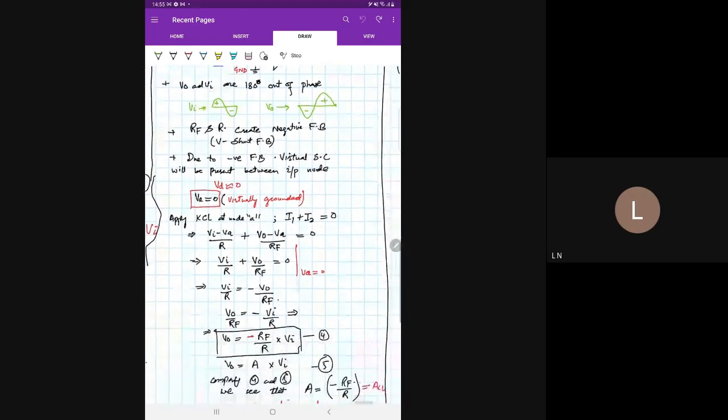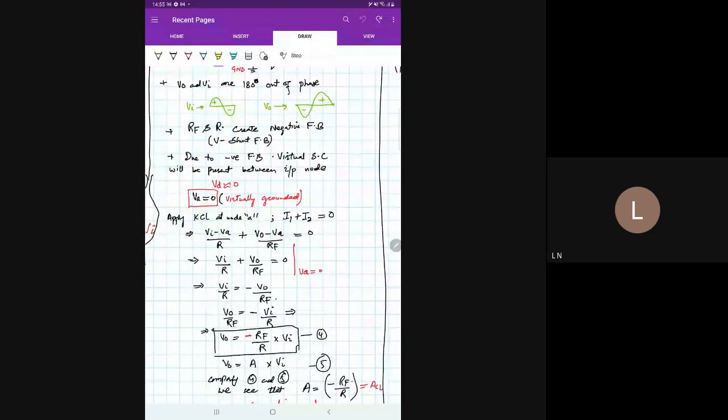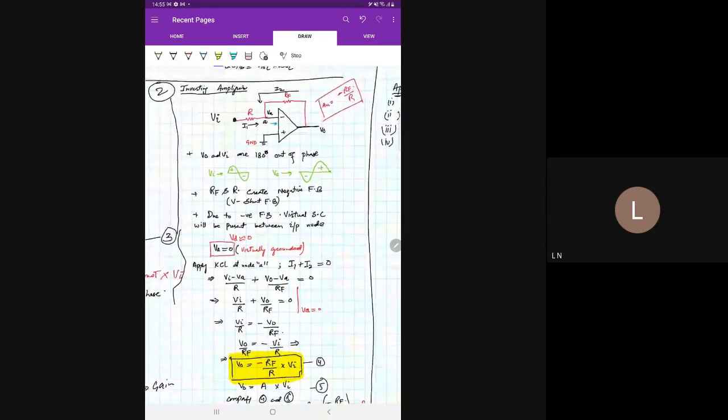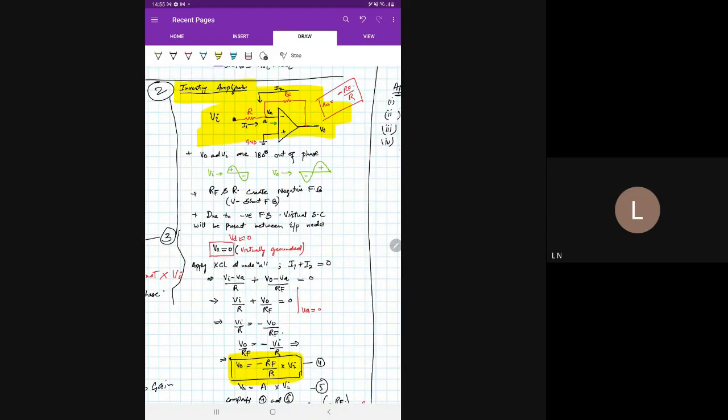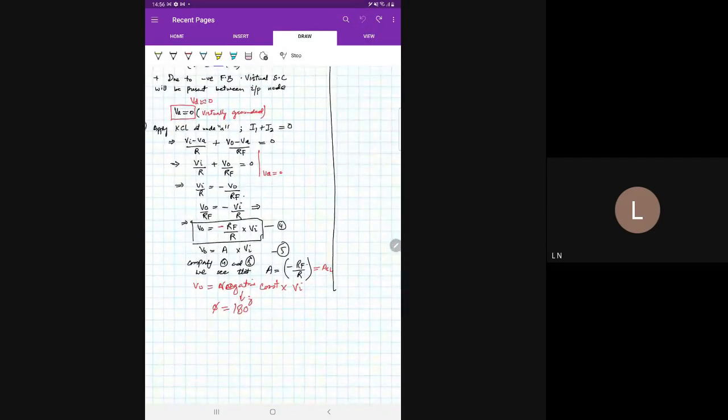Once we rearrange these terms, we will be able to find the output voltage expression for the circuit. Which circuit? Inverting amplifier. So the output voltage expression is V output is equal to minus RF by R into V input.